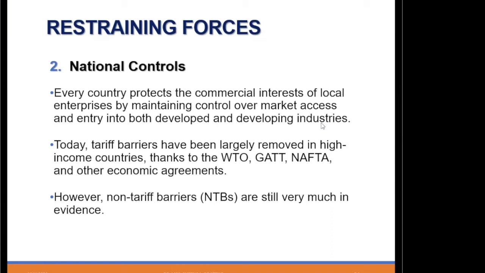And the non-tariff barriers can sometimes be even more stringent, depending on the sector that you are dealing with and the priorities of the government of that particular country. So restraining forces in terms of national controls are also very much a hindrance to global marketing.